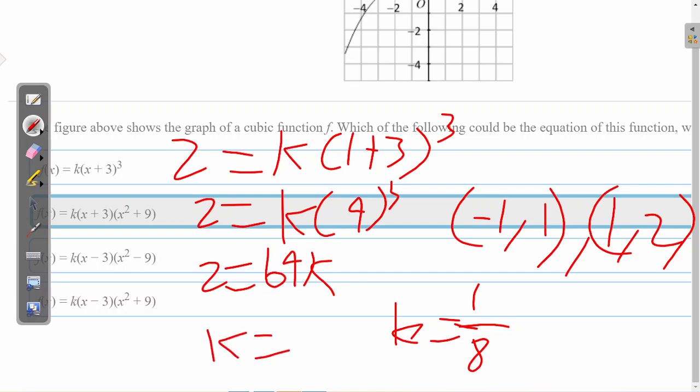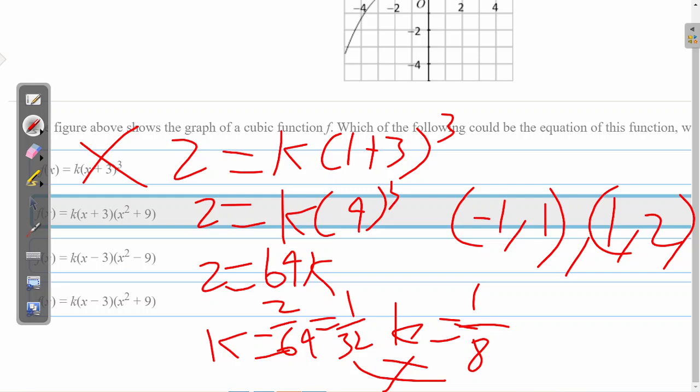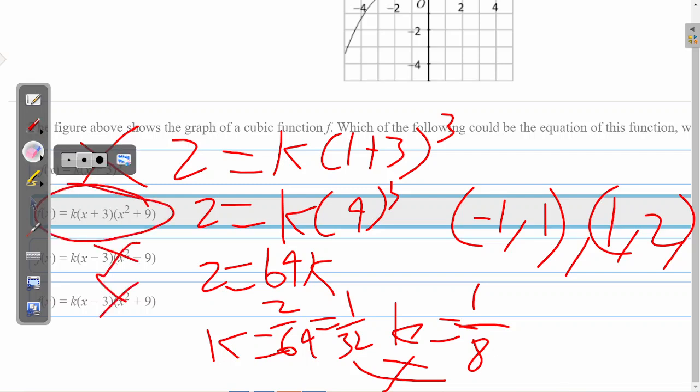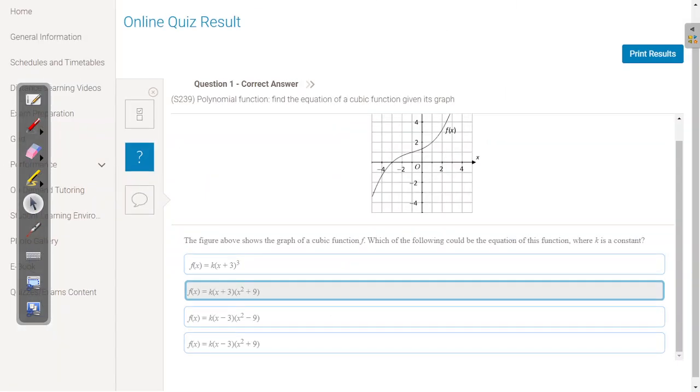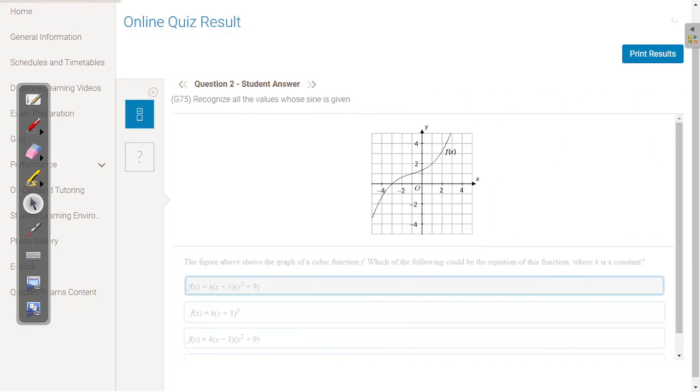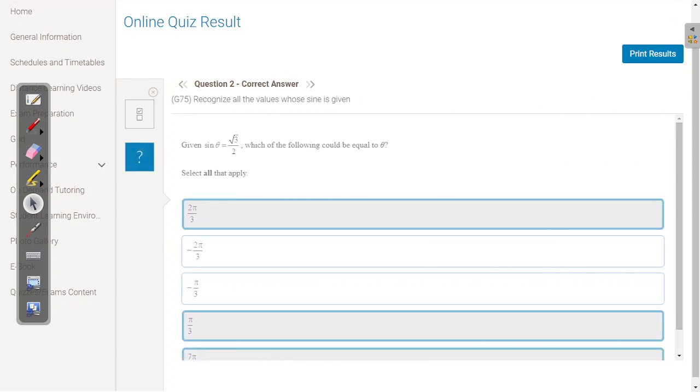K equals 2 over 64. You simplify it, it's 1 over 32. These two are not equal, so this one is not the answer. Since you know all of the other ones are wrong, it's this one. If you found another possible answer, you would have to substitute in the other one again, but this time it was only 2, so you could find it easily.